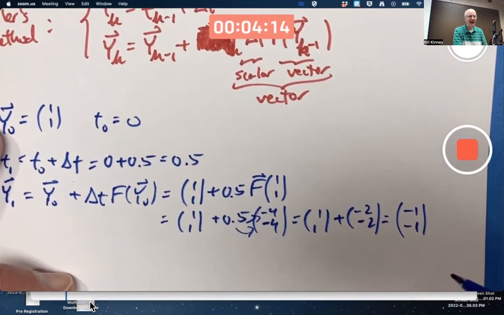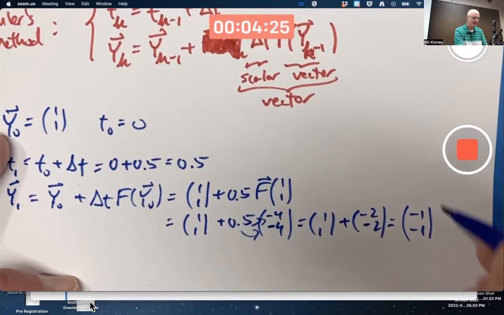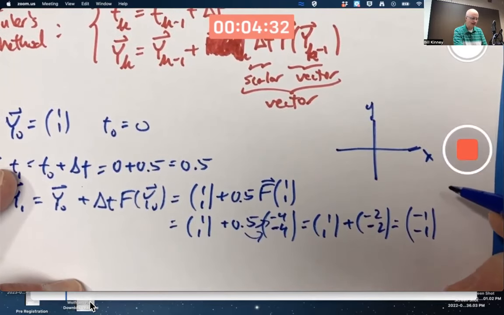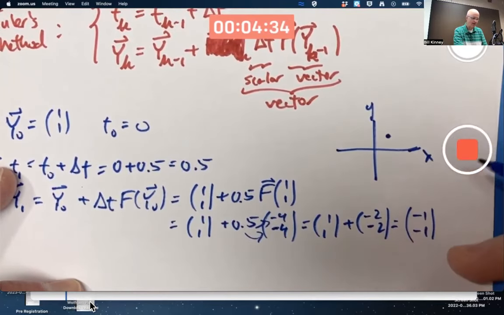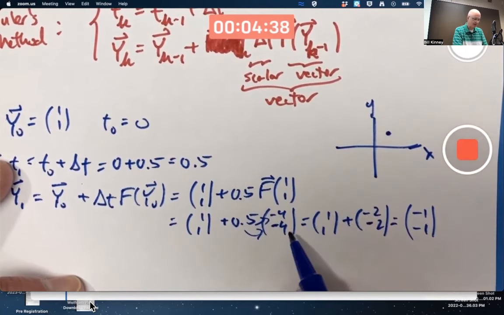I'm sure this is not very accurate. This delta t being 0.5 is too big to be very accurate here. We're just illustrating the method is all we're doing. What's going on geometrically in the phase plane at the point 1, 1? The vector field has components -4, -4.